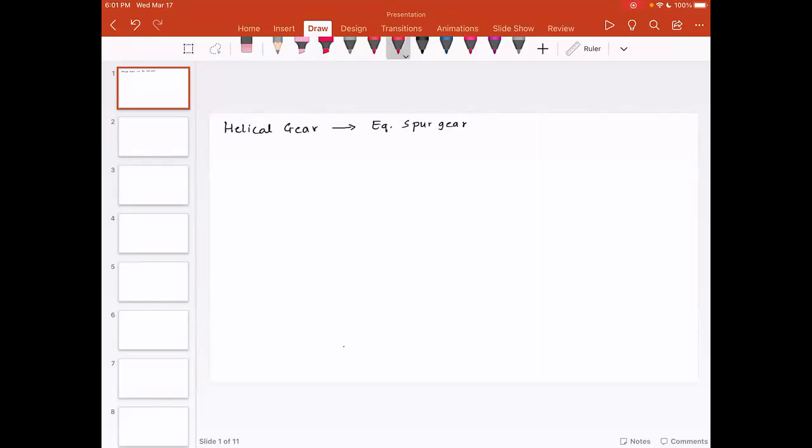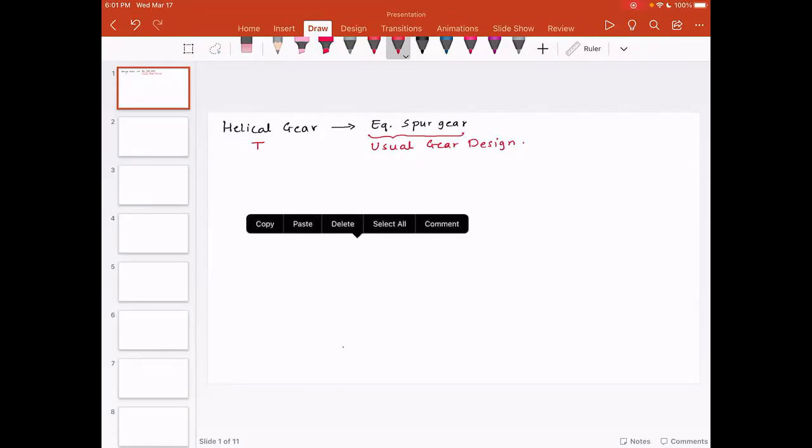And once the gear is designed into an equivalent spur gear, the usual gear design process works. Now, most importantly, if you have T as the number of teeth on the helical gear, we change those to TEQ.